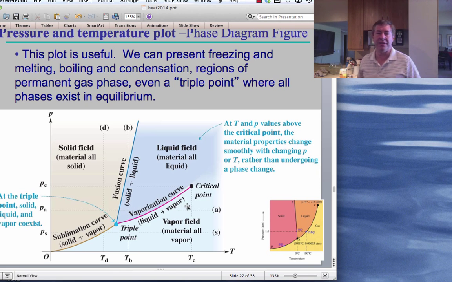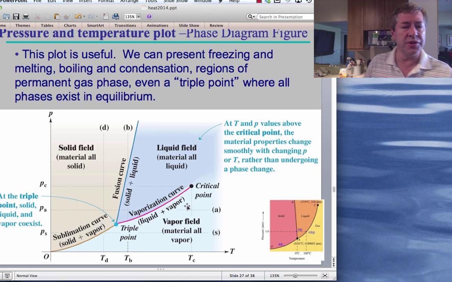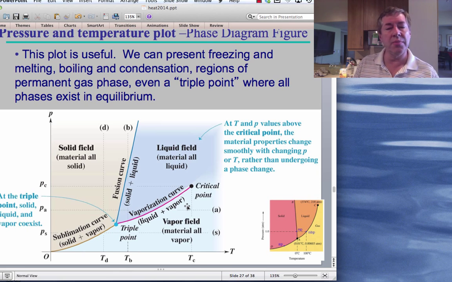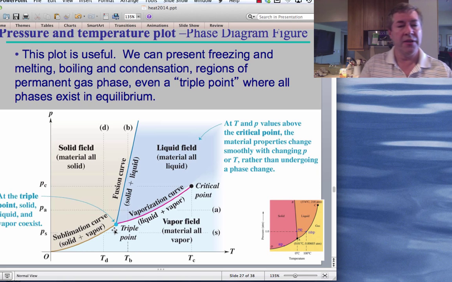Yes, that's right, but it depends on the pressure that the material is under. So, for example, at lower pressures, once you get below this magic thing called the triple point of a material, there is no liquid phase possible.